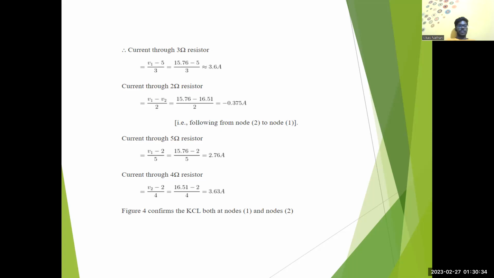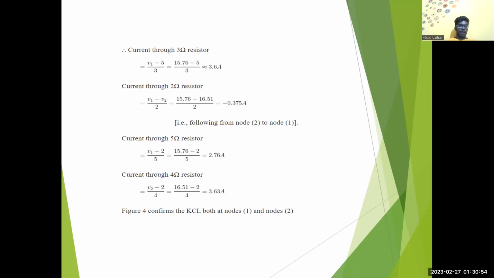Current through the 5 ohm resistor, (V1 minus 2) by 5, equals (15.76 minus 2) by 5, equals 2.76 amp. Current through the 4 ohm resistor, (V2 minus 2) by 4, equals (16.51 minus 2) by 4, equals 3.63 amp.